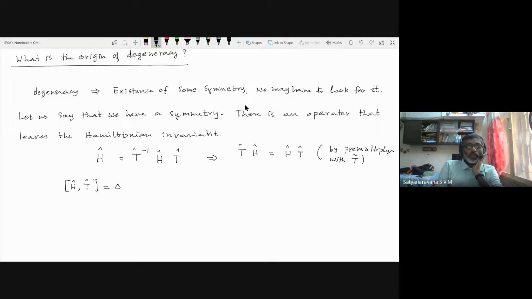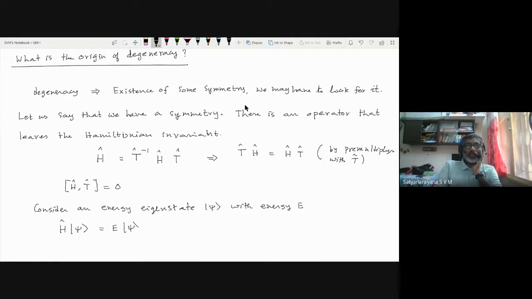So what does that tell you? Consider an energy eigenstate psi with energy E. That means H operating on psi gives E psi.